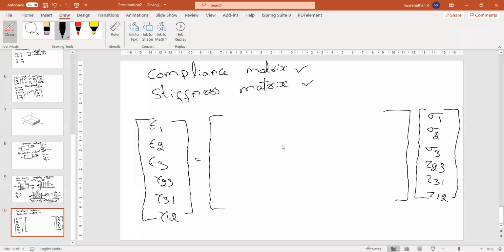Stiffness, sir. Stress by strain is the elastic modulus. Okay, epsilon is equal to what? Sigma into E. Stress by strain. Divide by E. So what should come here?